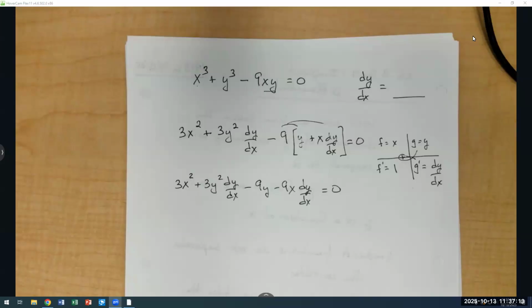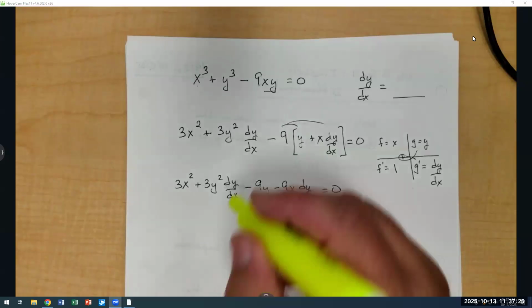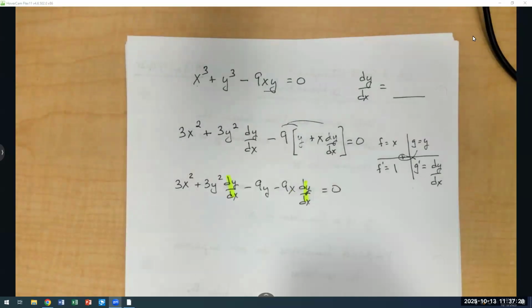All right. What's our next step? What are we solving for? We're solving for dy dx. So that means dy dx has to be on one side of the equation. Everything else that doesn't have dy dx goes to the other side. So what do we move first?